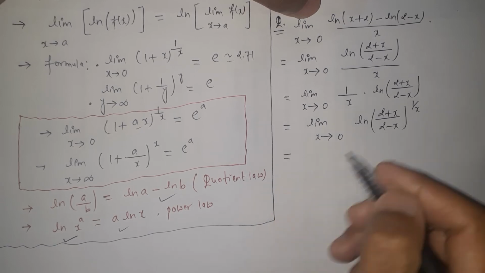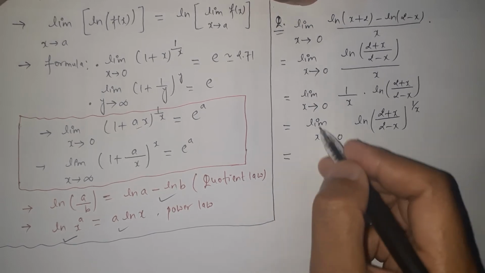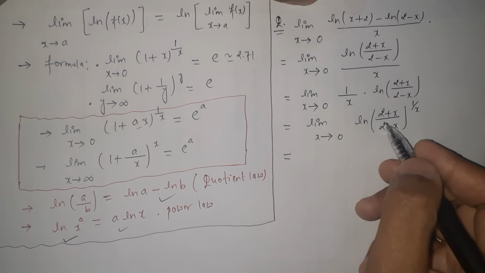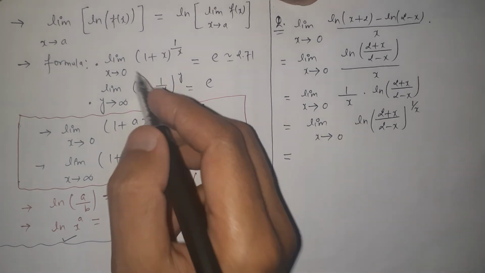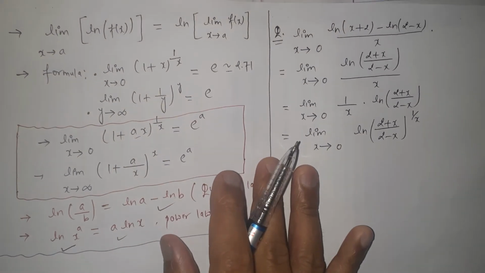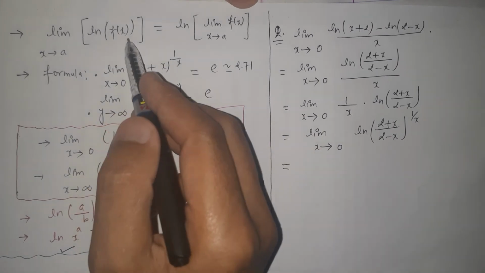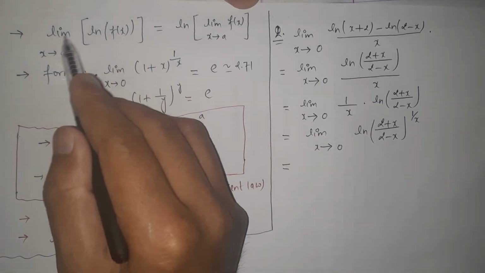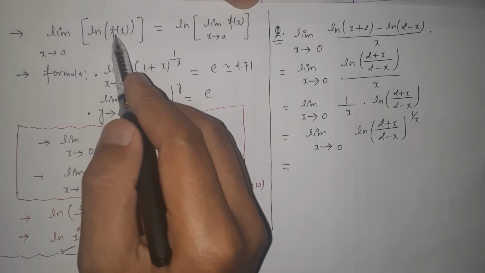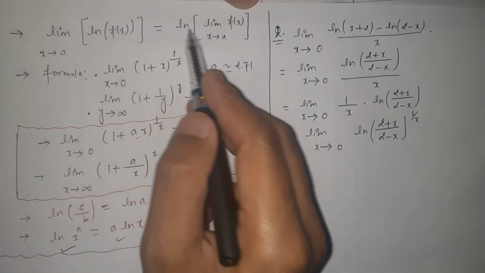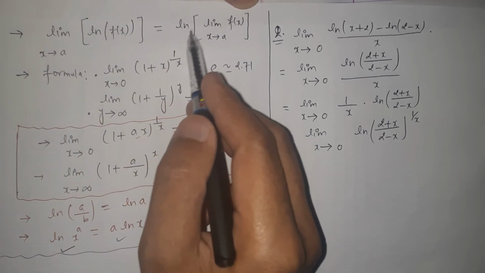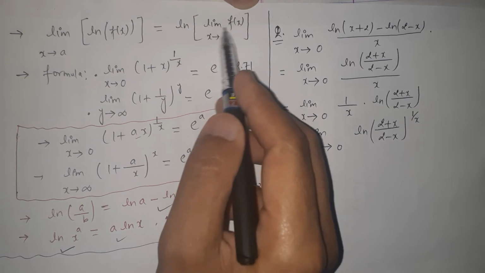This can be further written as: here the limit of the logarithm function is going to be calculated, and we already studied a very important property on the limit. If we calculate the limit of a logarithm function, then this is the same as the ln of the limit of that function.